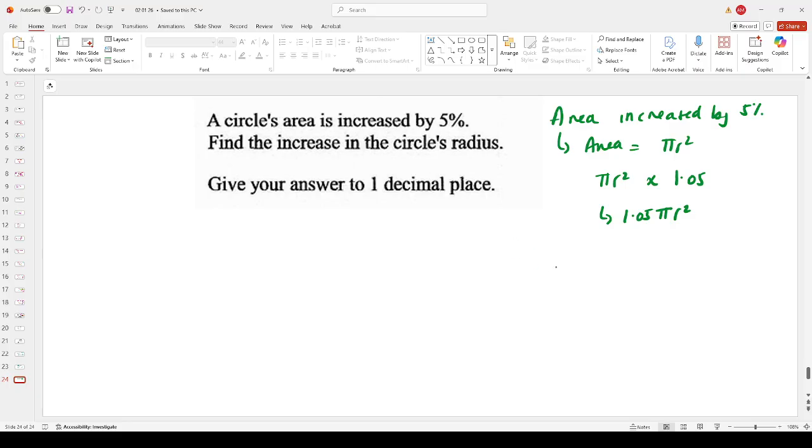I should have written 1.05a because that's the area, right? Would you agree? So technically 1.05a equals what? The difference, right? The difference times, because it's going to be pi r squared, so it's going to be the difference squared pi r squared. Would you agree?